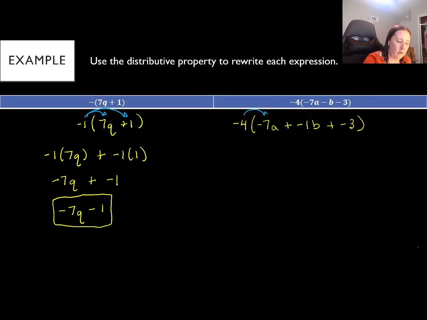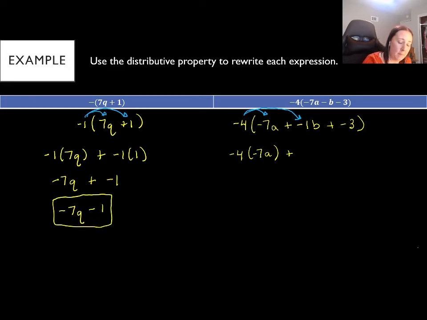So arrows here, negative 4 times negative 7a. I'm just writing this down, and writing it down is good to help you double check. If you get your answer and you made a mistake and you're trying to figure out where you went wrong, if you've written down what you are multiplying together like I am, it's easier to find your mistake.